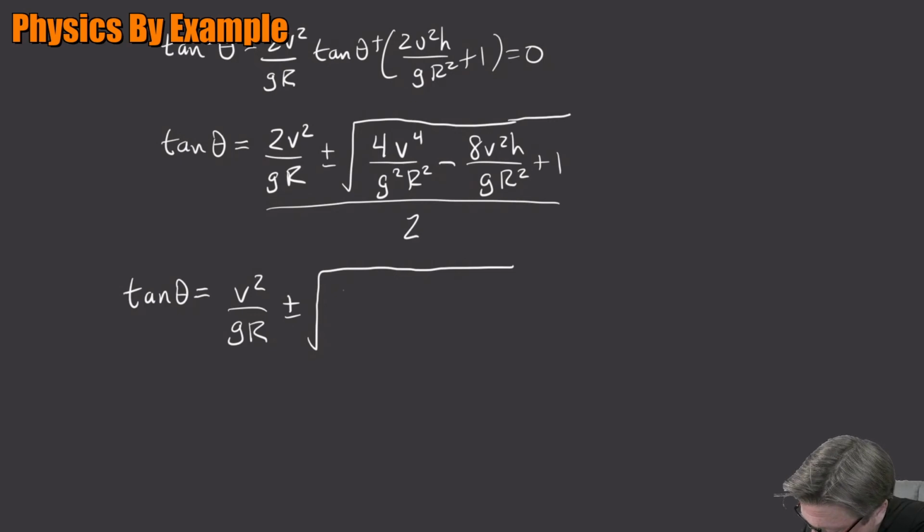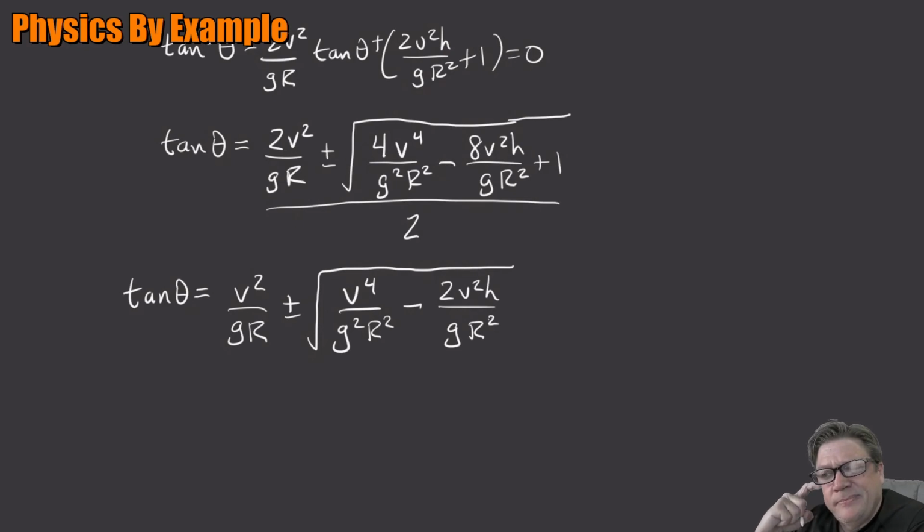So this is going to be v to the 4th over g squared r squared minus, I bring that 2 and it becomes a 4, 8 divided by 4 is 2, 2v squared h over gr squared. Oh, I remember, I didn't multiply my 4 by my 1, so I got a plus 4 up there, and now when I divide out the 4, I'm going to have a plus 1.